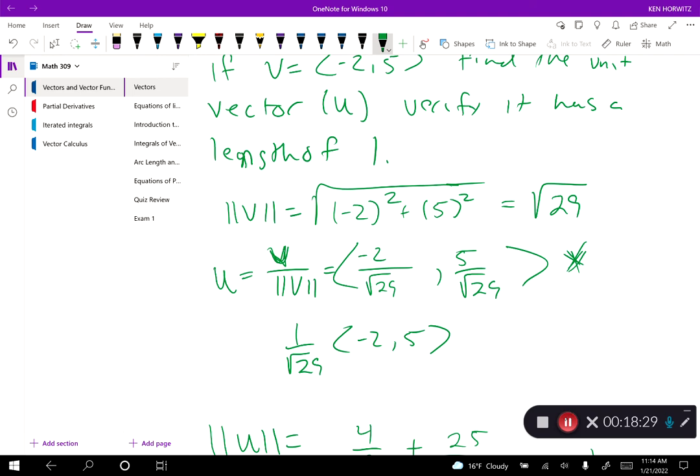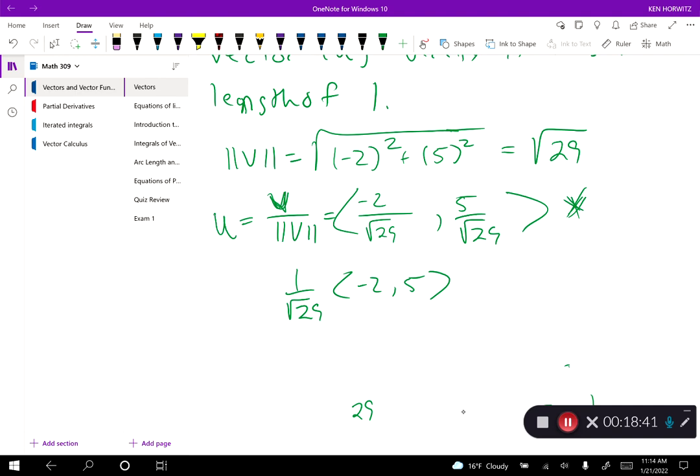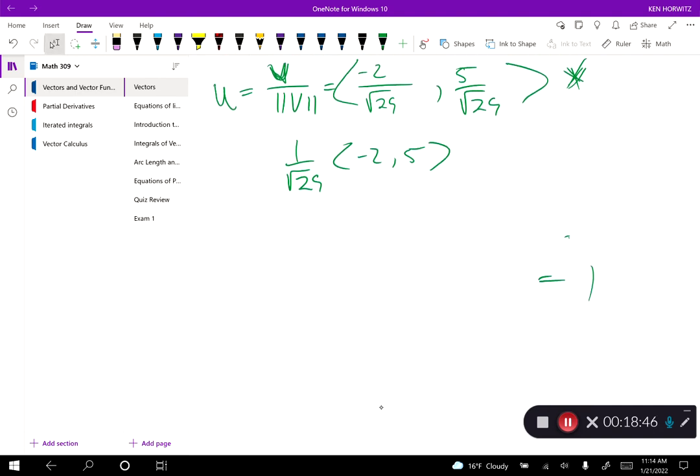All right, so now we need to verify that the magnitude of our unit vector is indeed 1, which basically means that I need the magnitude of u. I'm going to scroll that up, get rid of my extra markings.